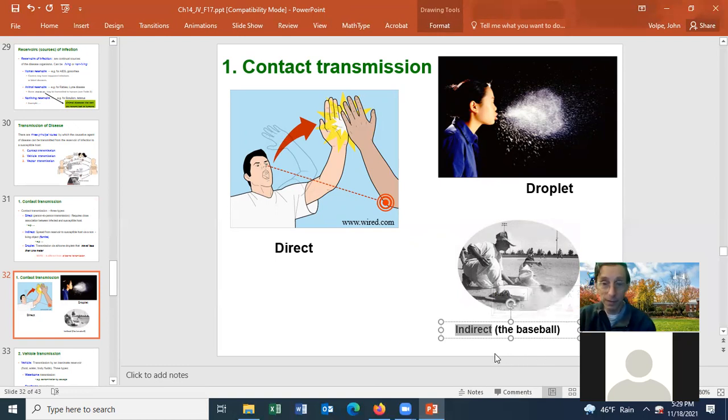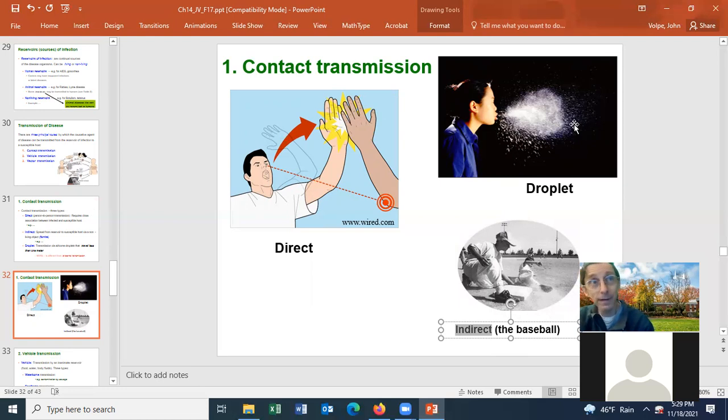So indirect transmission is a primary way that colds and flus spread. Obviously, droplet transmission is another way, and airborne transmission is a third way. And like I said, I'm not going to draw a distinction between droplet and airborne.